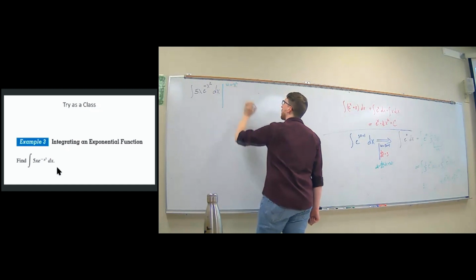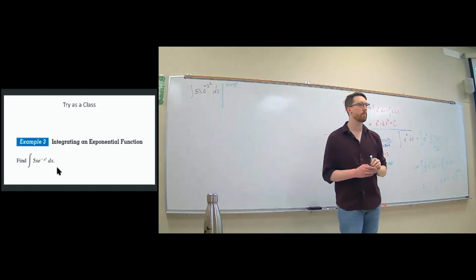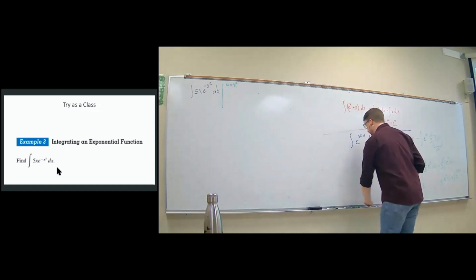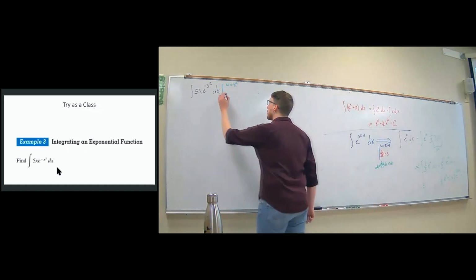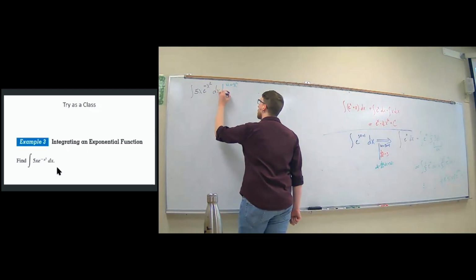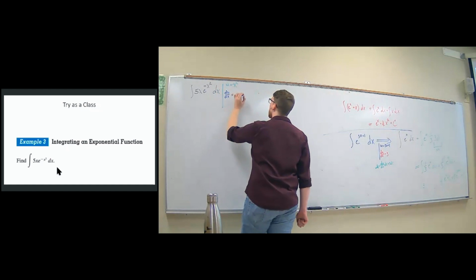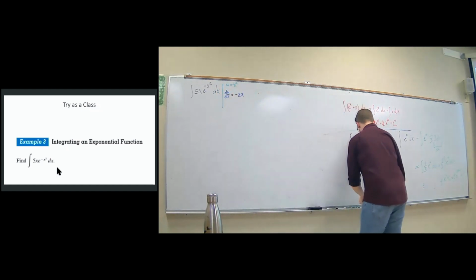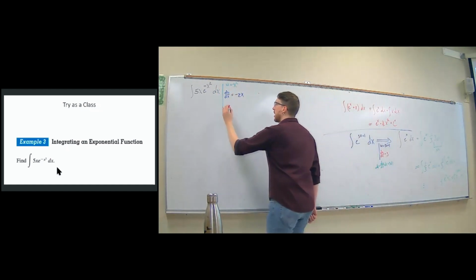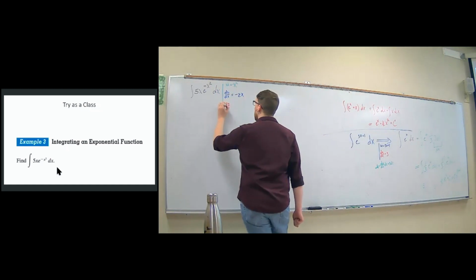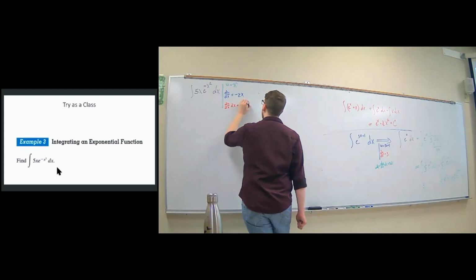Let's set it equal to negative x squared. In which case, du/dx is going to be equal to negative 2x. And du/dx dx is going to be equal to negative 2x dx, which is also du, right?